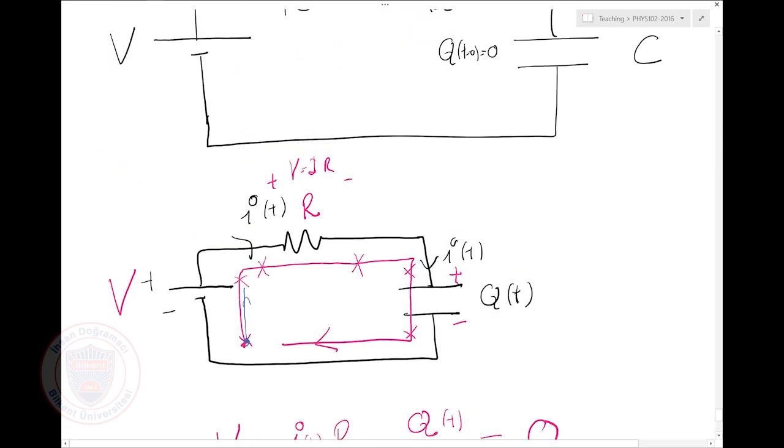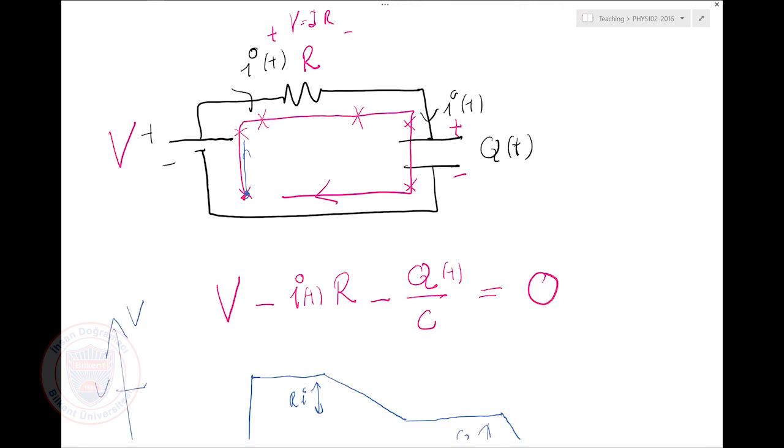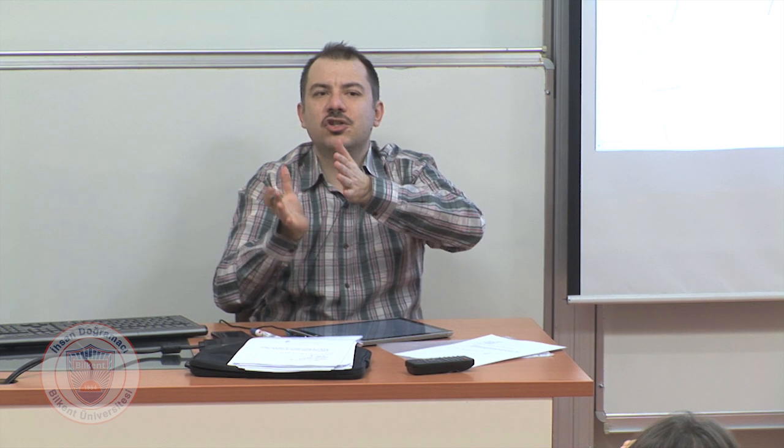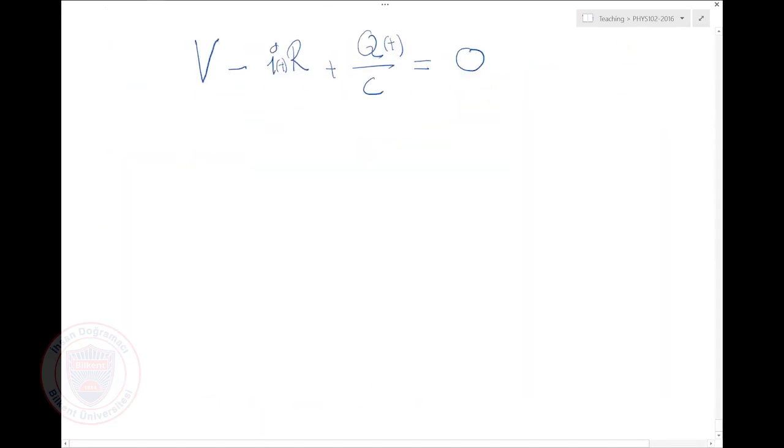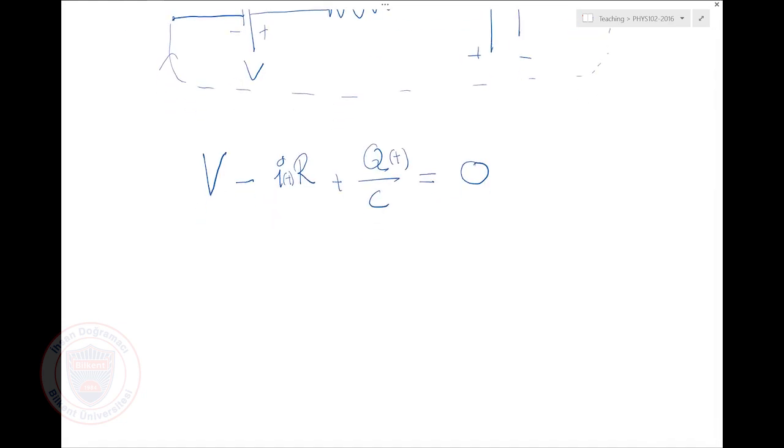But again, what's the relation between the current and the charge on the capacitor? All this current is ending up as charge on the capacitor, right? And if I have positive current, I'm actually charging the capacitor. The current is entering the plus terminal of the capacitor. So I of t here is going to be dq dt. So I can now write that.